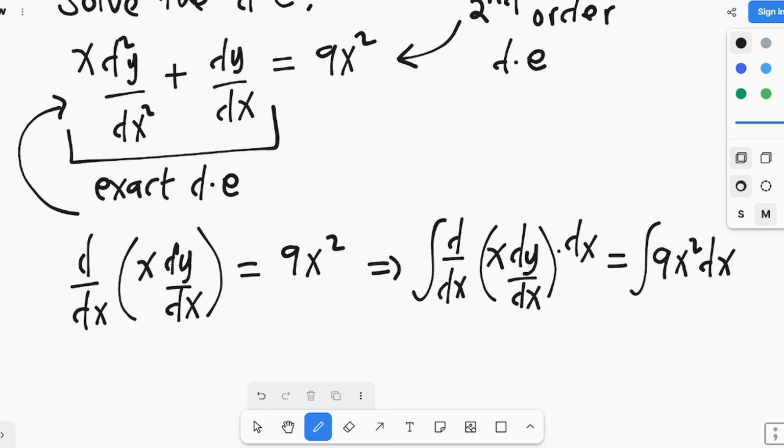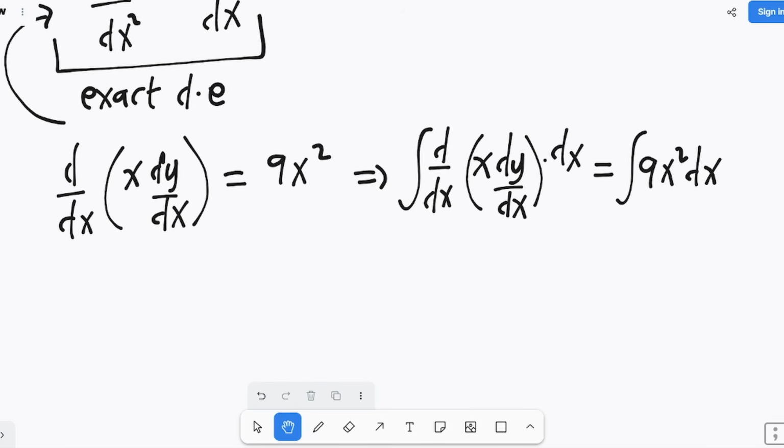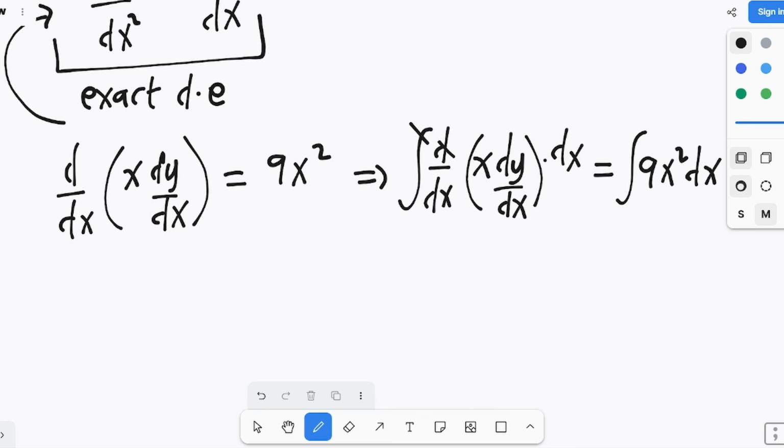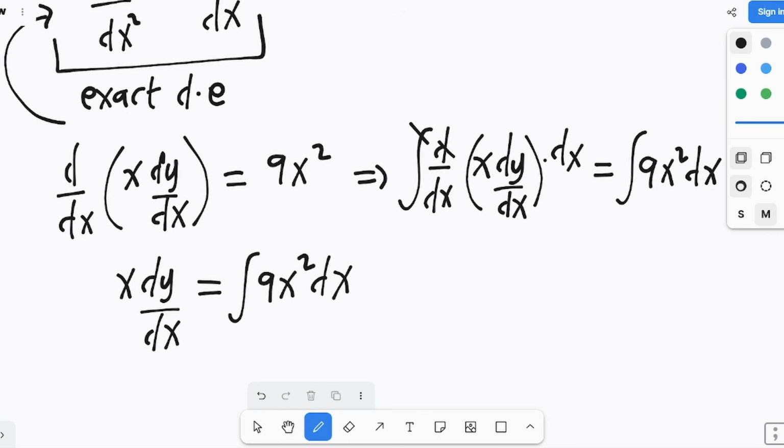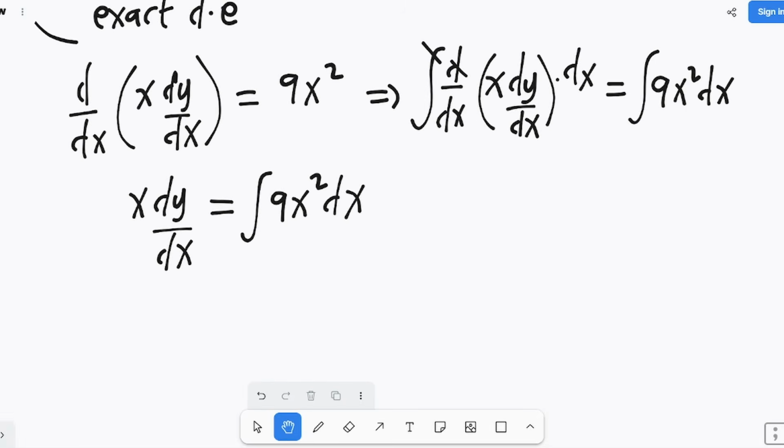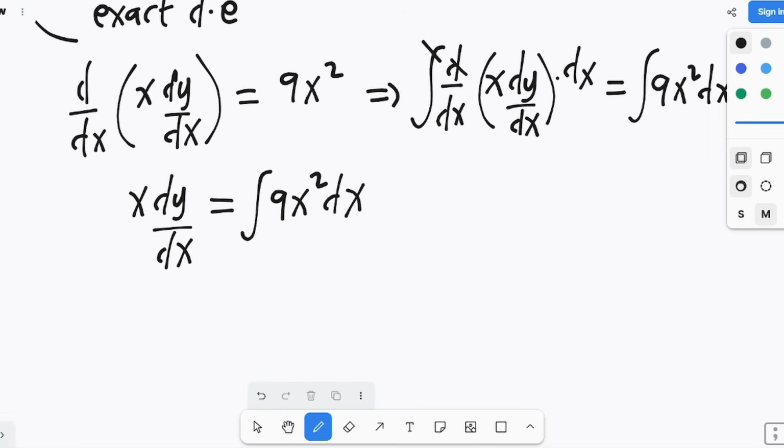When we integrate, the integral and the derivative cancel, so we obtain x dy by dx on the left hand side.